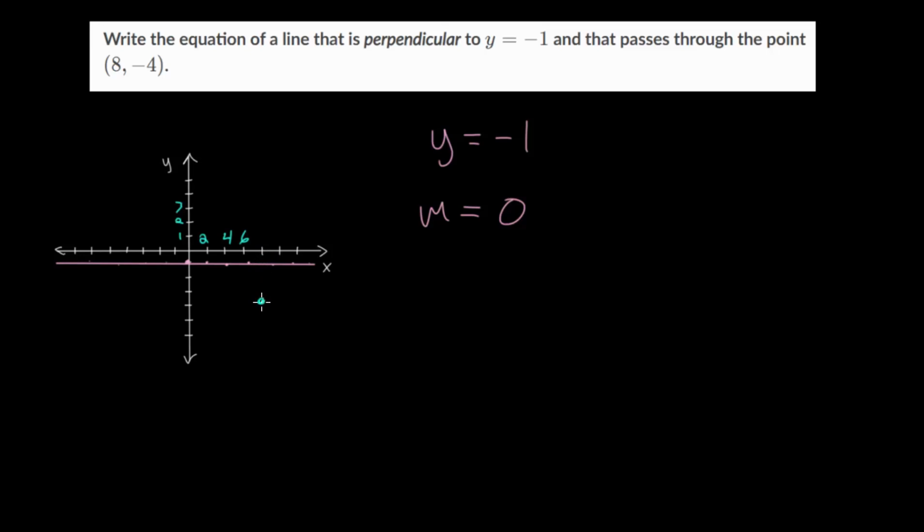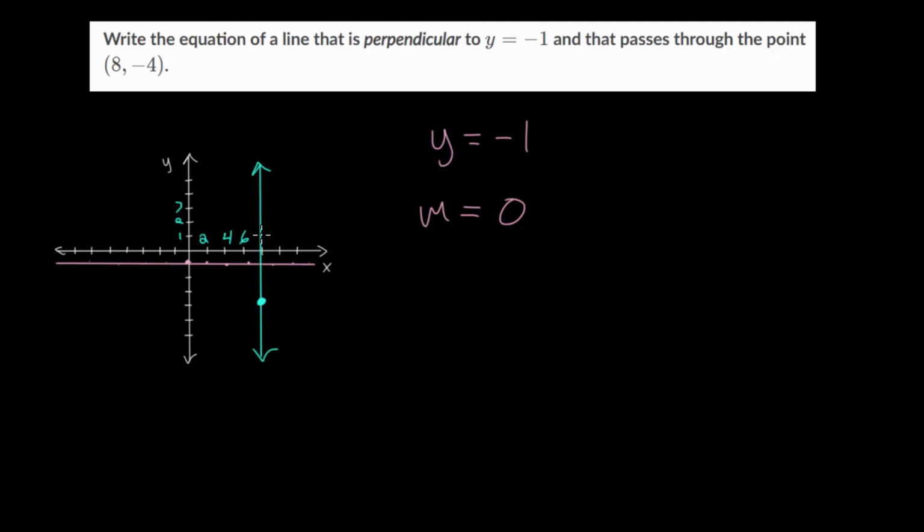That's about right there. And since we know this is a horizontal line and our line's perpendicular to this, at a right angle to this has to be a vertical line. So let's draw a vertical line through that point. So it'll look something like that.